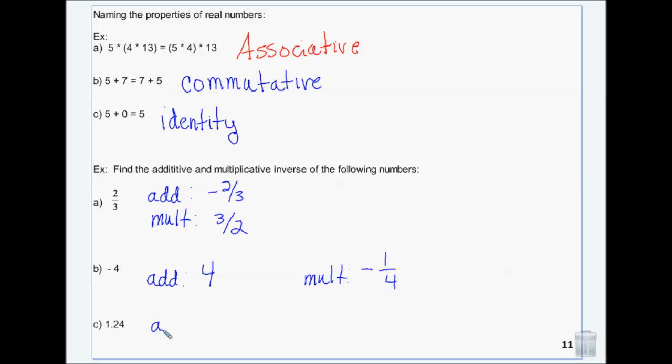When you have a decimal, additive is really easy still. It's just the opposite, so it's going to be negative. The multiplicative is going to take a little bit more work. So I'm going to come over here, and 1.24 is the same thing as 124 over 100.